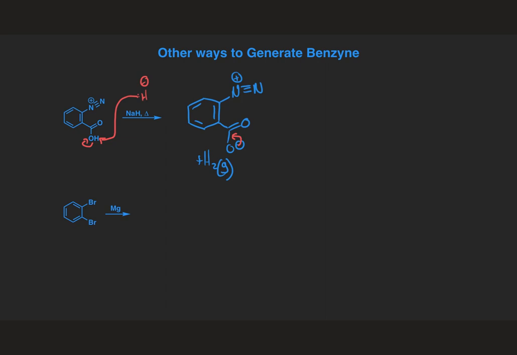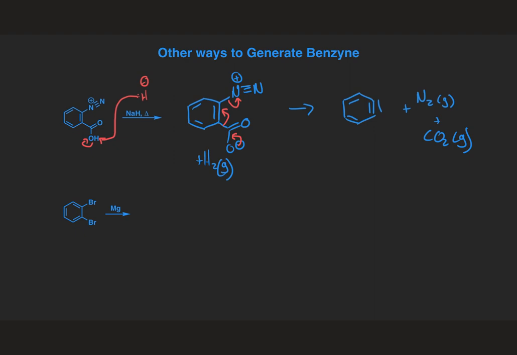Those electrons will kick over, which kicks these electrons over, which allows your diazonium salt to leave, and you form benzyne plus N2 gas plus CO2 gas, which all escape the reaction and leave you with a very reactive benzyne that you can then add a new reagent to.